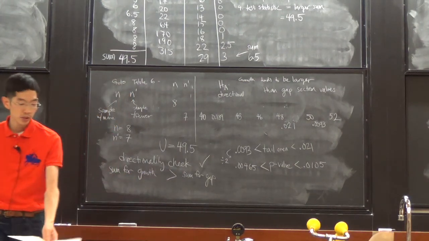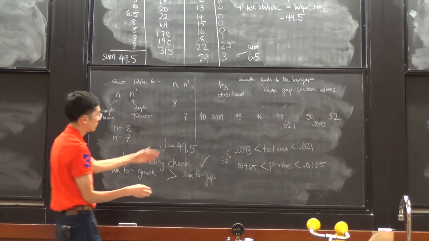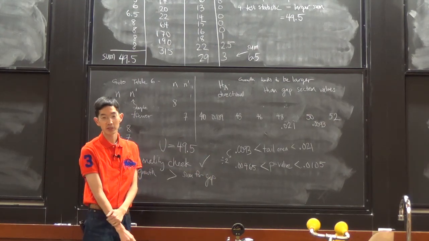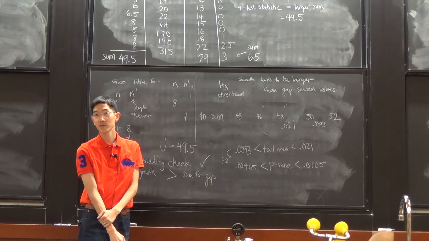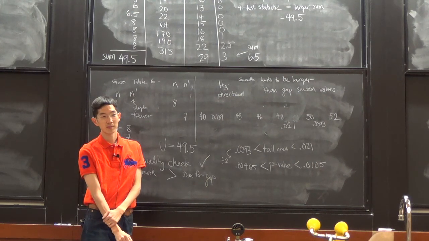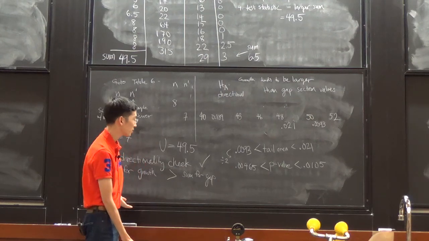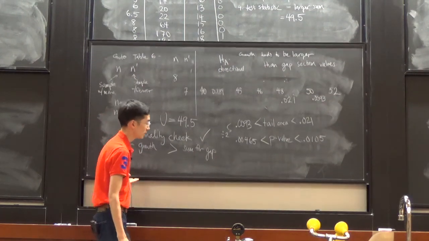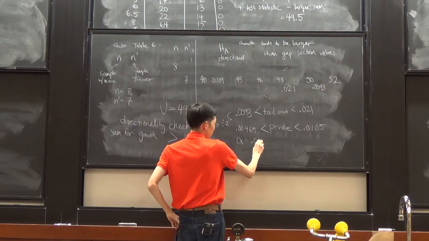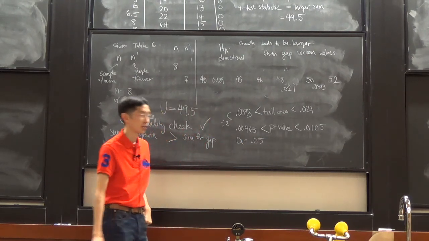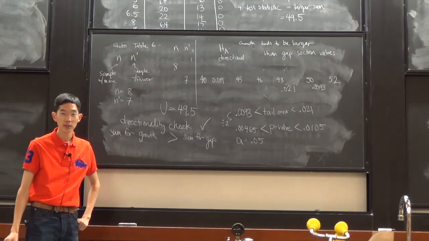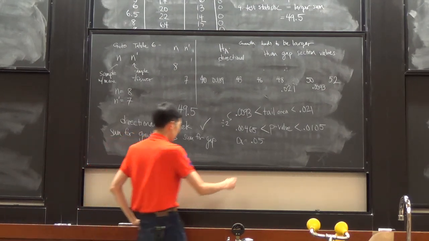Okay, and so we go through the process, and we get this p-value. And so what does our p-value tell us to do? If our significance level, let's just assume, is alpha equal to 0.05, our p-value is smaller than alpha, and so we would reject the null hypothesis.